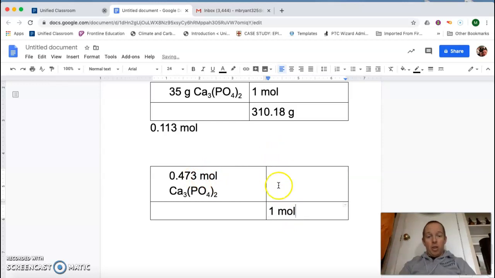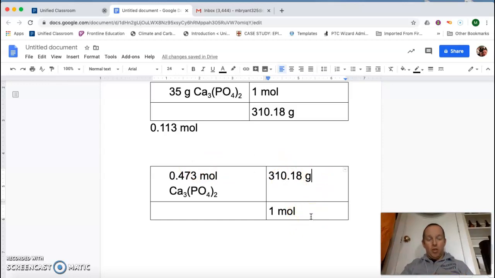And we already know that 1 mole of this substance has a mass of 310.18 grams. So now we cancel out those units, moles here, moles there, and now the move is to multiply 0.473 times 310.18. The rule is you multiply anything on the top, you divide anything that's on the bottom.